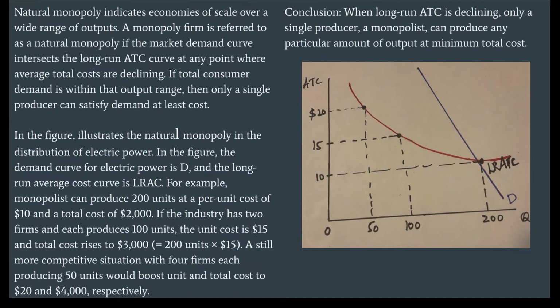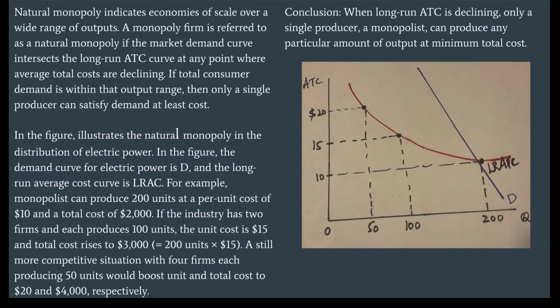For example, a monopolist can produce 200 units at a per-unit cost of $10 and a total cost of $2,000. If the industry has two firms and each produces 100 units, the unit cost is $15 and total cost rises to $3,000, that is, 200 units times $15.